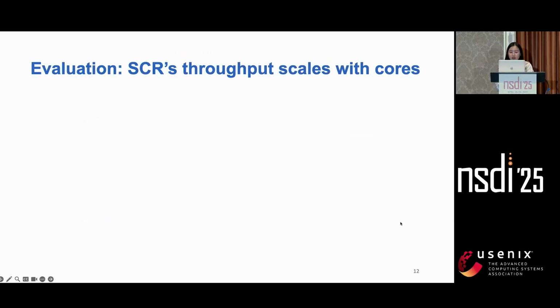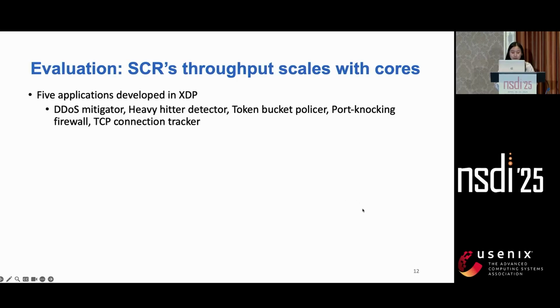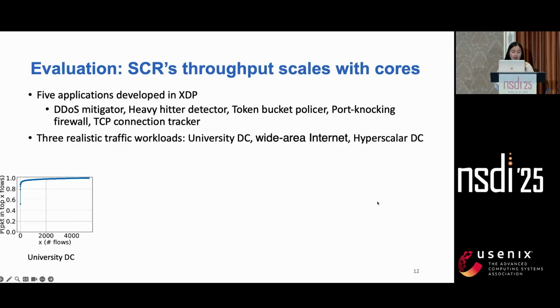Okay. And the next is the evaluation. So firstly, we will evaluate SCR's throughput with more cores. We evaluate the performance using 5 applications developed in XDP. And we also tested it under 3 realistic traffic workloads from University DC, Wide Area Internet, and Hyperscaler DC.